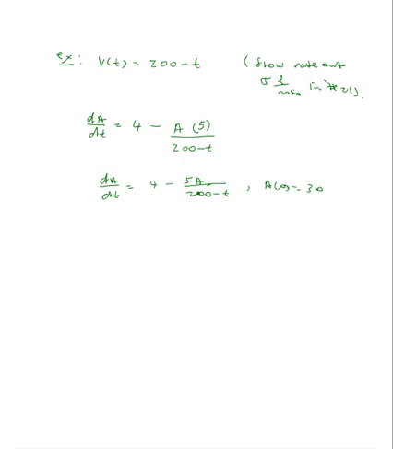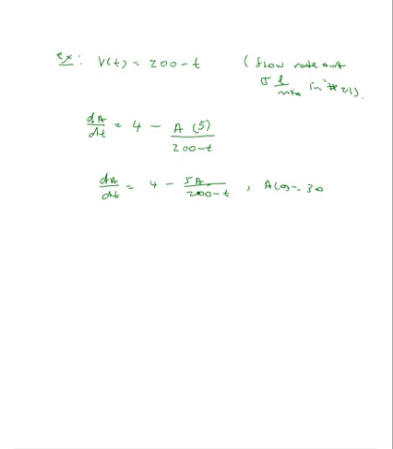Now, the things to remember in these types of problems are that the differential equation comes from saying the rate of change of, let's say, salt at time t is equal to the rate at which the salt is coming in minus the rate at which the salt is going out. And then, of course, your initial condition for the salt involves the amount of salt in the tank at time t equals 0.